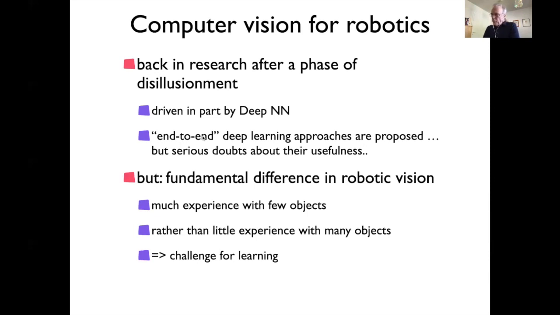There's one fundamental difference between robotic vision and a lot of the computer vision that is used in strong alliance with machine learning, in that in robot vision, you typically have only a limited set of objects in your working environments. The classes of objects you deal with and maybe the concrete exemplars will be limited in nature, but you'll have a lot of experience with these objects.